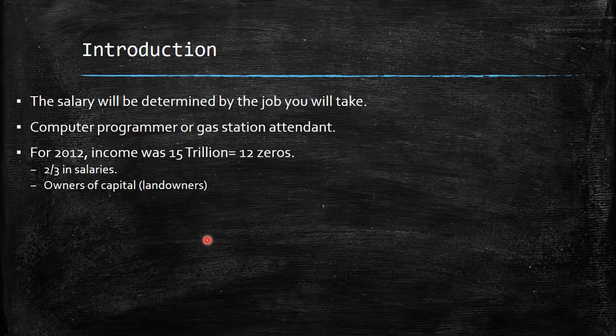As an example, for the US in 2012, the income was around 15 trillion. Consider trillion as 15 plus 12 zeros. When we split that income of the total economy among the factors of production, 2/3 goes to salaries, and the other 1/3 goes to the owners of capital, for example landowners, people that own land.